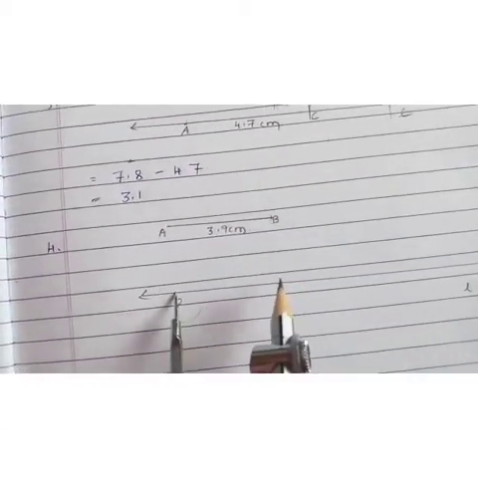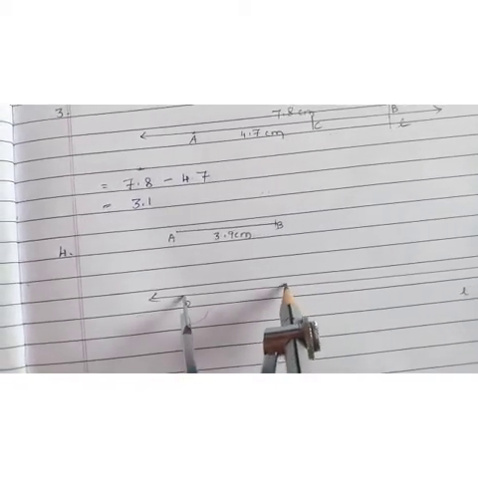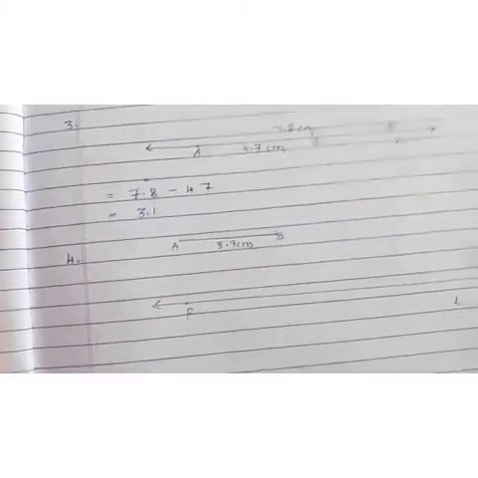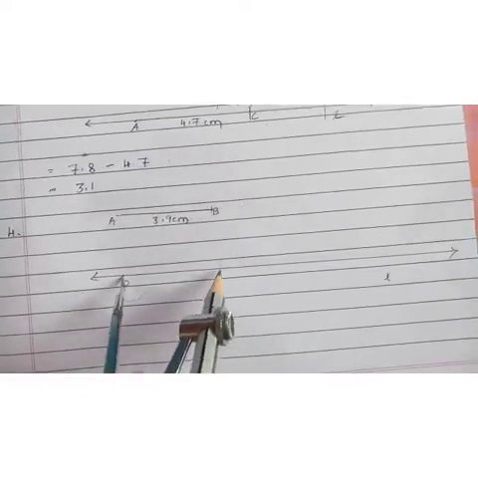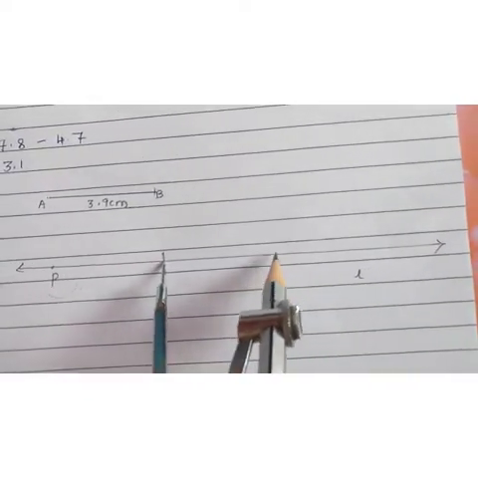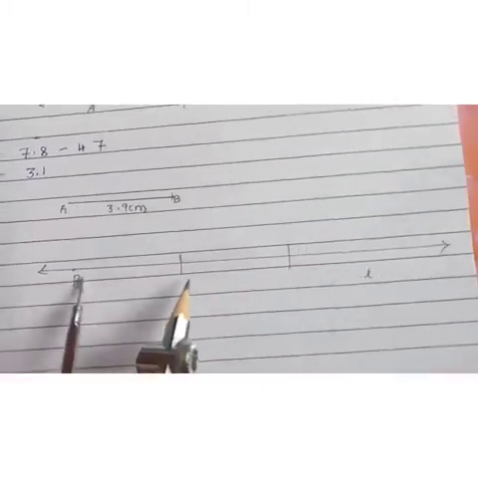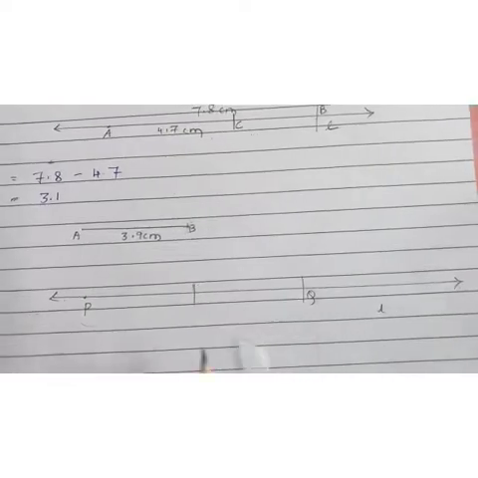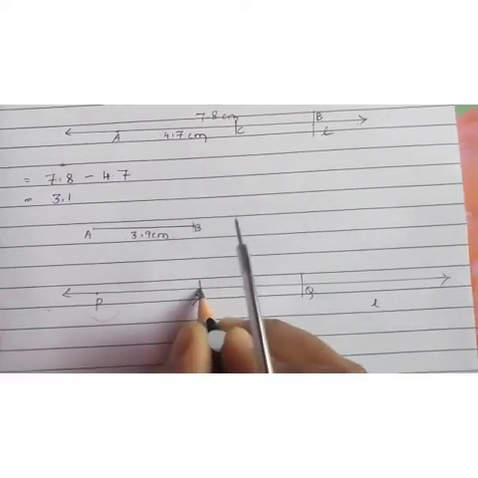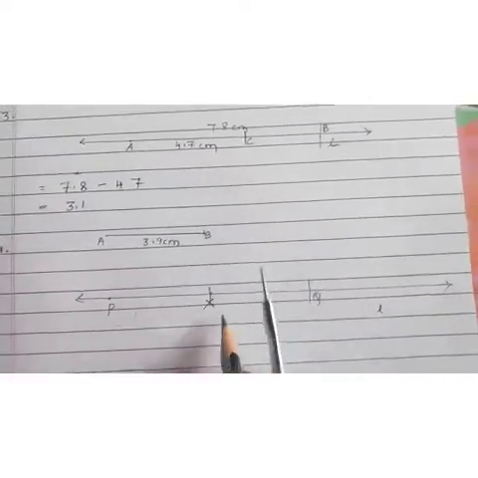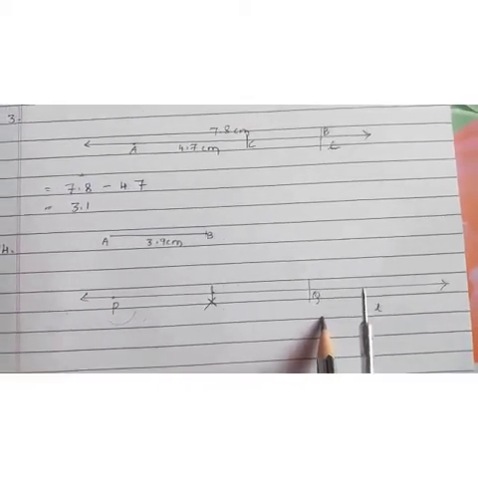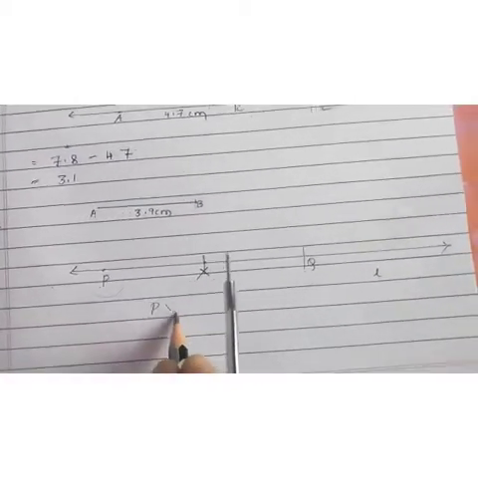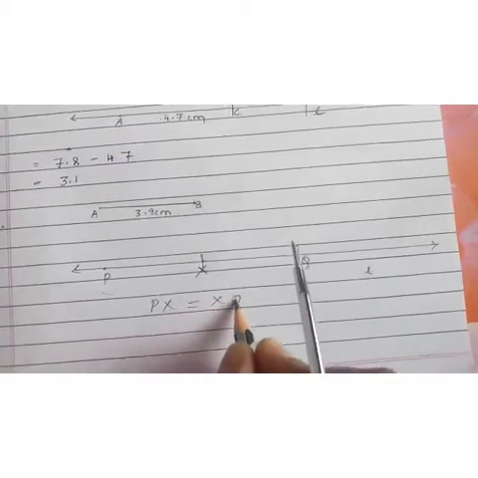Now with P as center, I will take 1 time, as they have told twice. So I will take 1 time, and now with this as center, I will do again 1 time. So it will become twice, isn't it? So this becomes PQ and this will be X. So PX is equal to XQ.